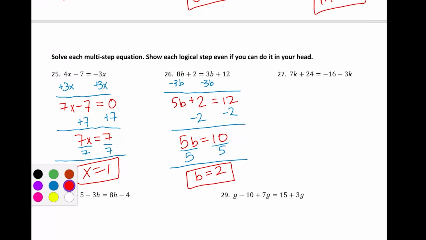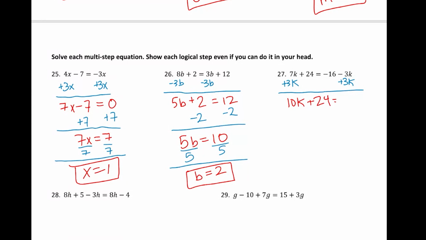Number 27, same kind of deal here. Nothing really different than what we've seen before. We'll start by adding 3k to get all those variables on one side. 7k plus 3k is 10k, plus 24 equals negative 16. Then I will subtract 24 from both sides.